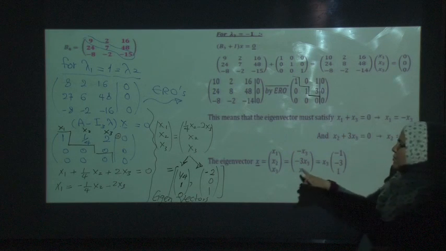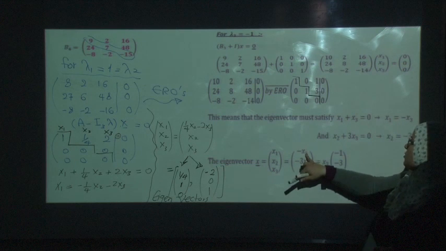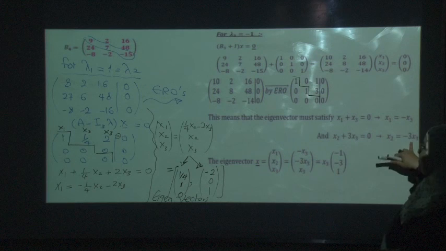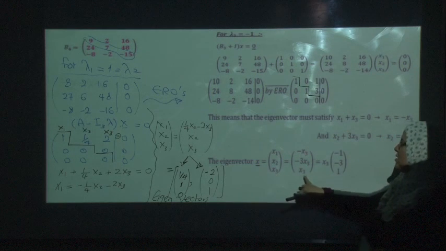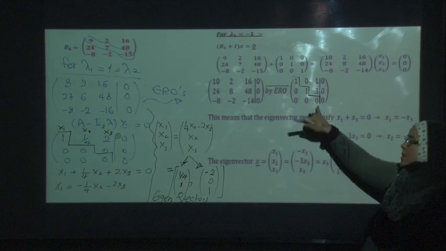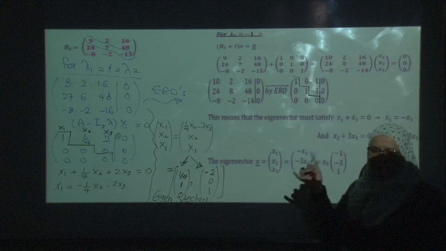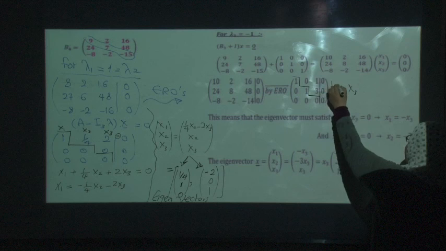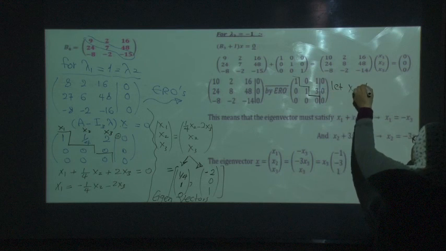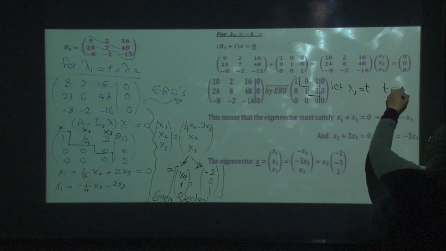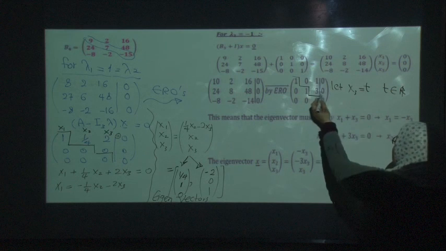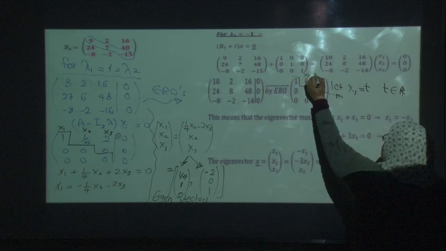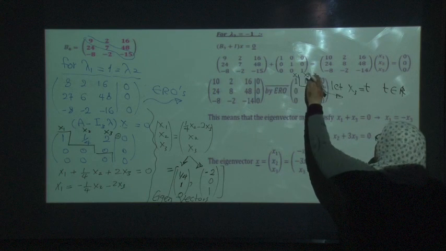And we can put them in a vector form. x1 is -x3, x2 is -3x3, and x3 is the same. We might have called it t as well, as we did before. Let x3 be equal to t, such that t is an element of the real numbers. And then you have here from this row, this is x2, right? Here x3, and this was x1.